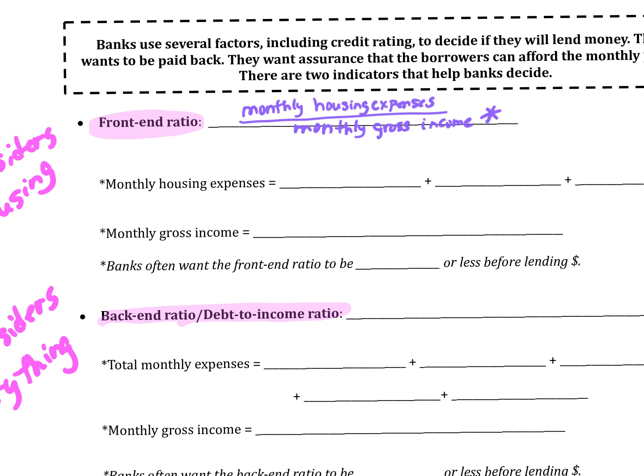Remember, your monthly gross income, I have that down here, right? That's your annual gross income, excuse me, divided by 12.